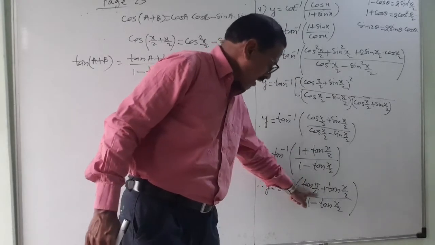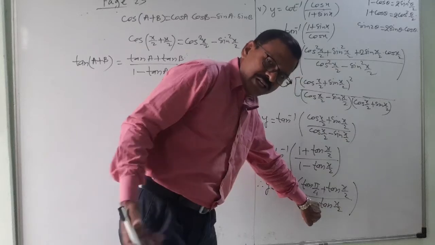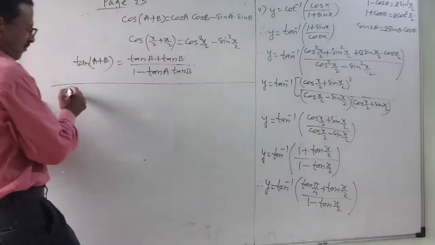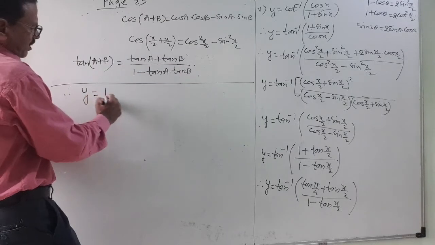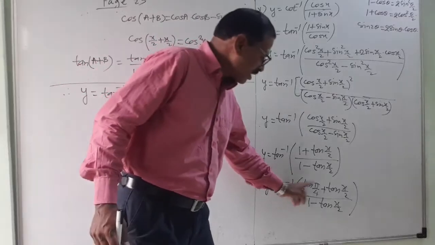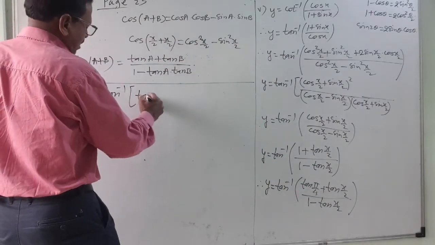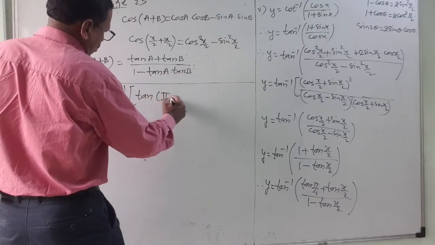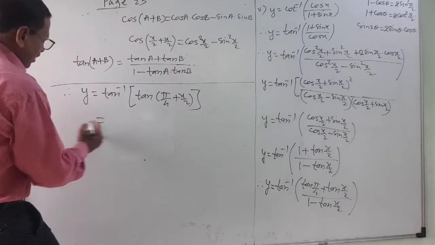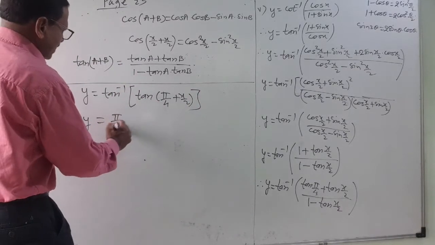Tan 1 means tan pi by 4, means 45 degrees. Here it is into 1, that is tan pi by 4, so no need to write. Therefore, y is equal to tan inverse of, this is the expansion of tan of pi by 4 plus x by 2. Therefore, y is equal to tan inverse tan cut, so pi by 4 plus x by 2.